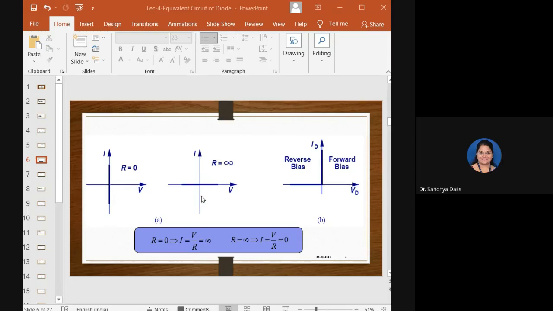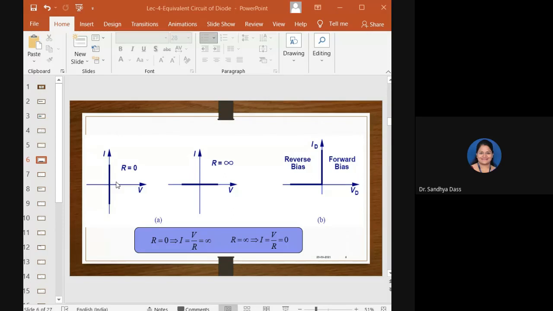In a similar way, if the voltage is less than 0, then there is no current flowing through. That is what we have discussed now. That means resistance will be infinite. So typically, as you can observe there, the ideal diode would have 0 forward resistance.